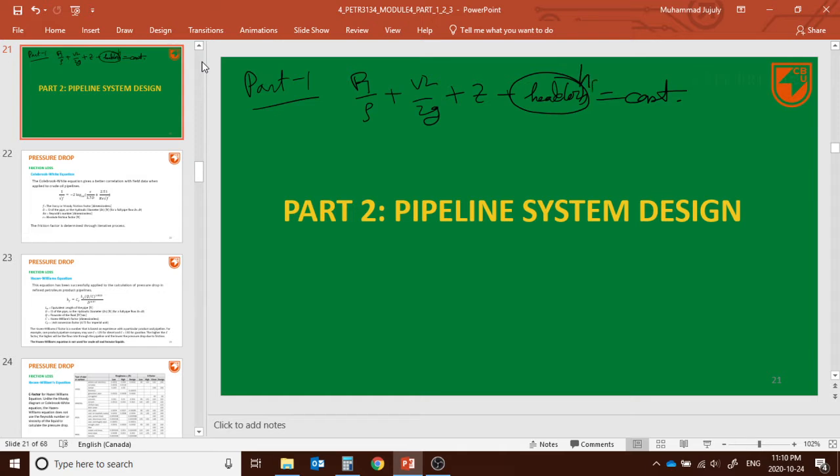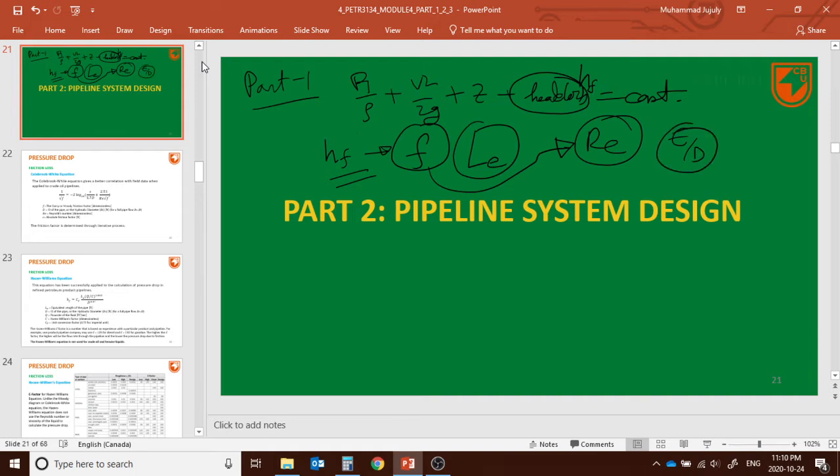For the head loss hF, the head loss due to friction, we know how to calculate it. To get the head loss due to friction, we have to calculate the friction factor. We also have to know the equivalent length of the pipeline, and to calculate the friction factor, we need the Reynolds number and also the relative roughness.